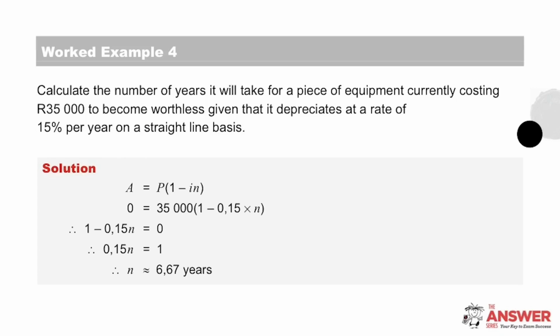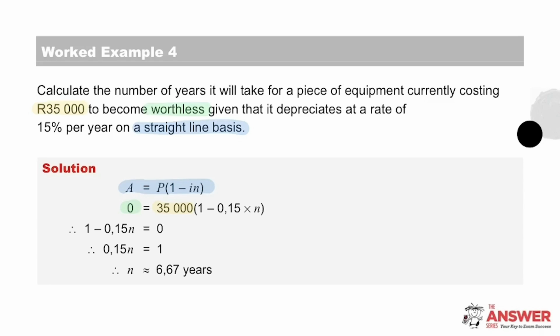Did you recognize the terminology on a straight line basis, which indicates to use the simple decrease formula? Did you realize that if something is going to become worthless, that A's value, which is the value in the future, needs to be 0? And then that the 35,000 Rand is the present value of the equipment.